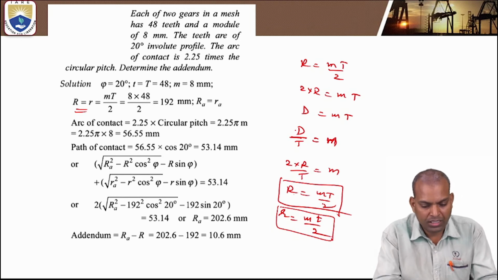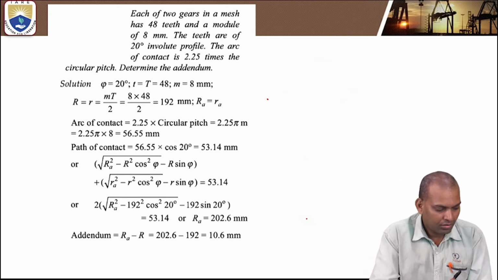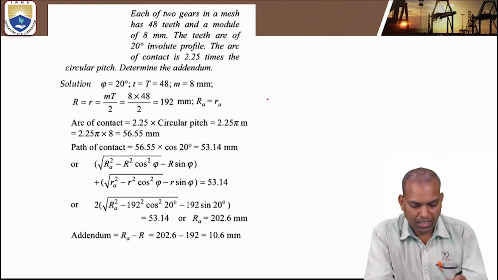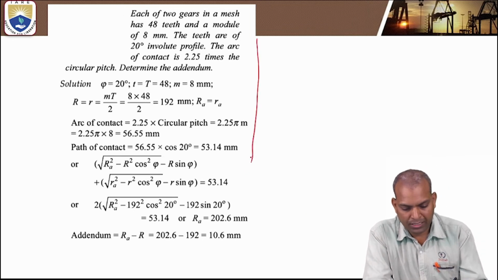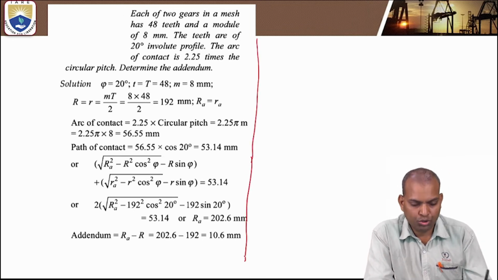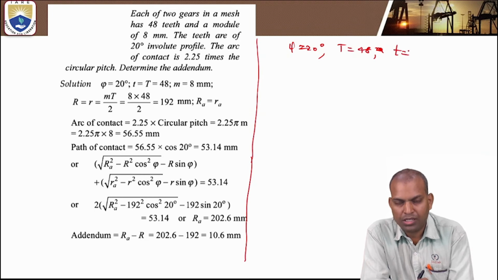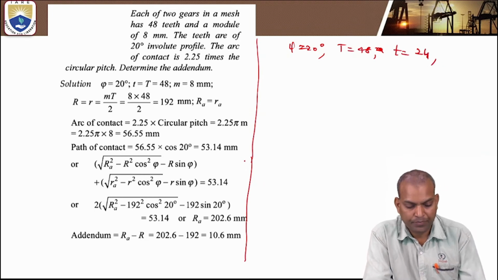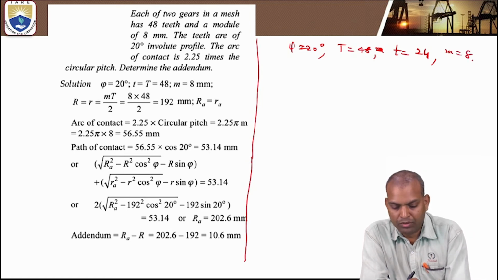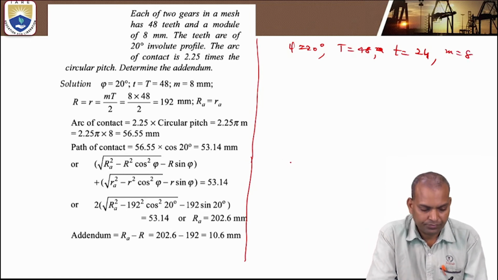Suppose the data given here is different. Now I am considering the same problem, but changing the data. How to solve? Phi equals 20 degrees, capital T equals 48 teeth, small t equals 24 teeth on the pinion, and module m equals 8 millimeters.